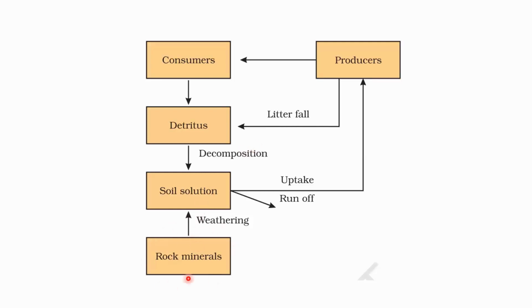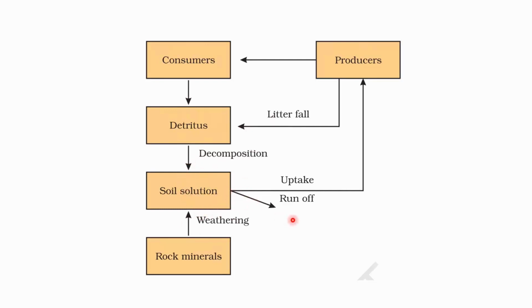So rock minerals that are the reservoirs of phosphate, by the process of weathering, release the phosphate into the soil. This phosphate is then taken up by the producers, which is then taken up by the consumers and detritus. By the process of decomposition, these release the phosphate back into the soil.